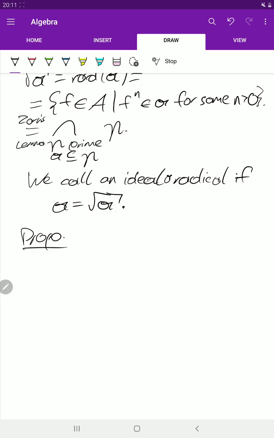Namely, the first thing we're going to prove is that the radical of I of Y, so Y again being a subset of the spectrum, is equal to I of Y. So this ideal of Y is radical. That's the statement.